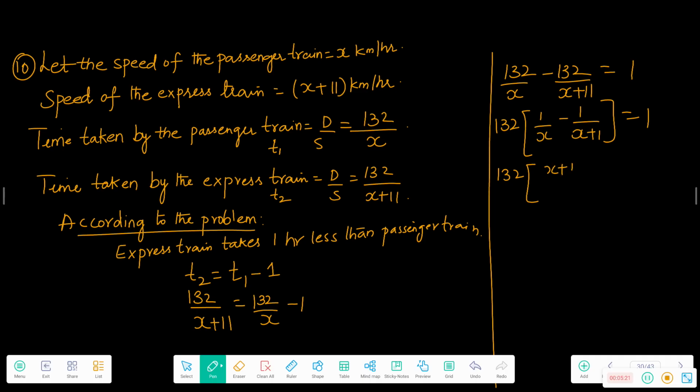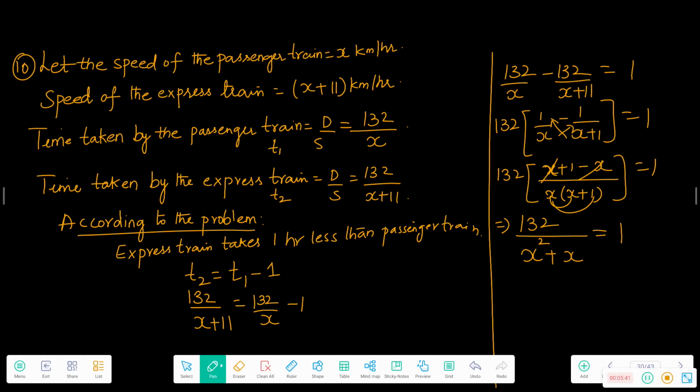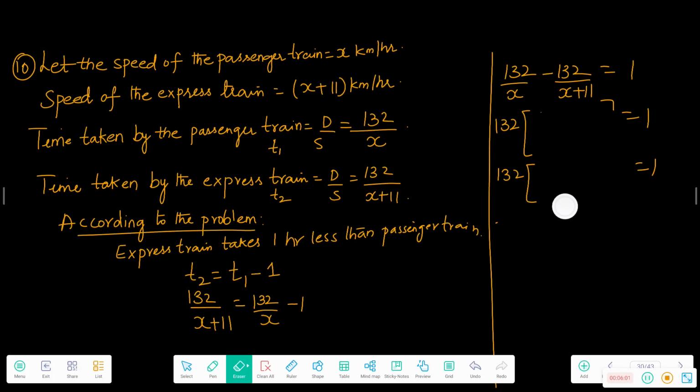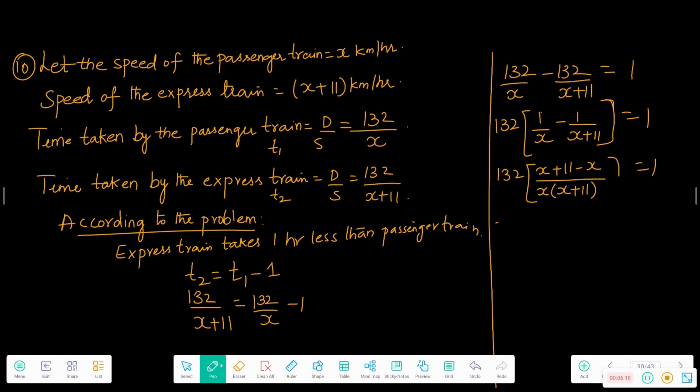Taking the LCM, x plus 11 minus x by x into x plus 11.